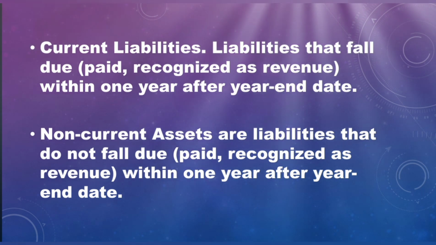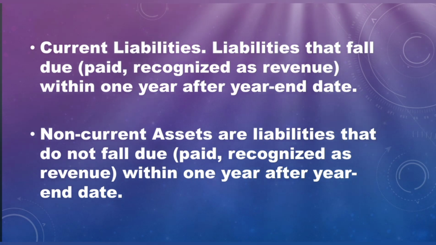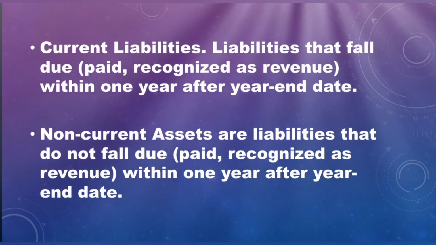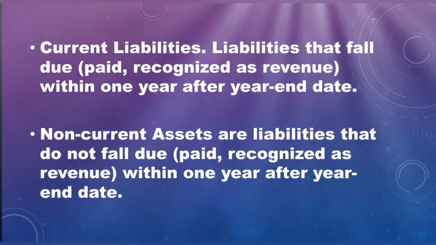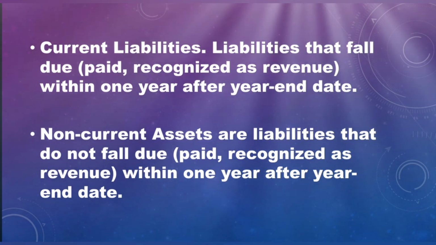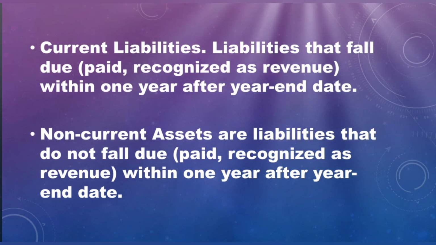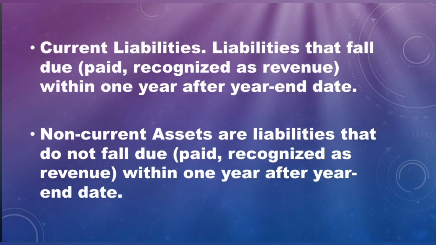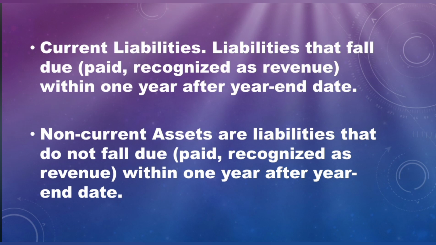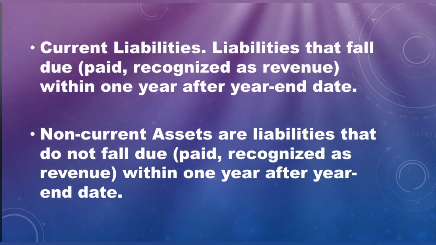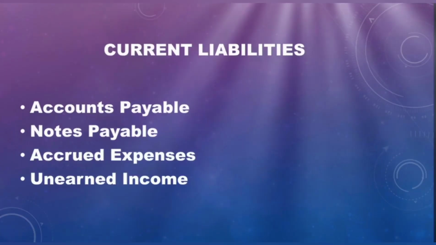Non-current liabilities are liabilities that do not fall due, or are not paid or recognized as revenue, within 1 year after the year-end date. For example, they include notes payable, loans payable, mortgage payable, etc. So we are going to define each account and differentiate one from the others.